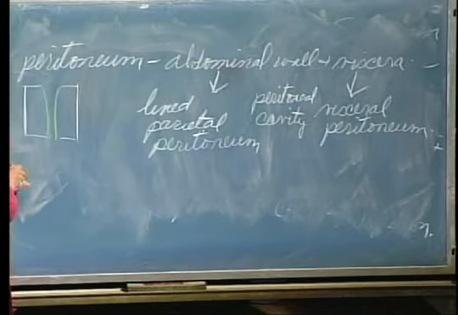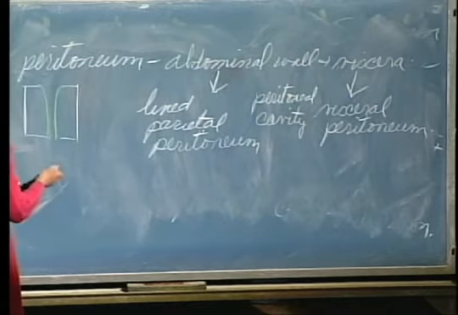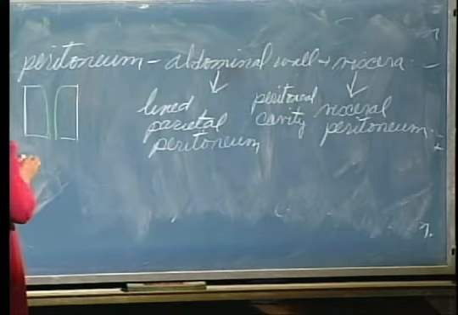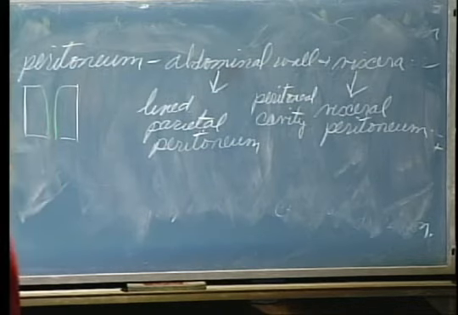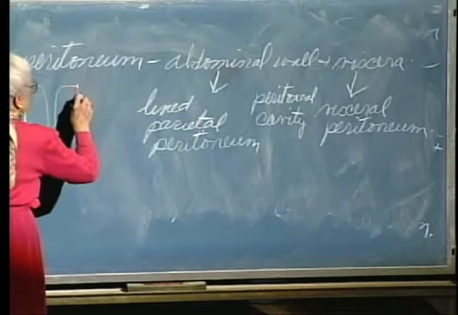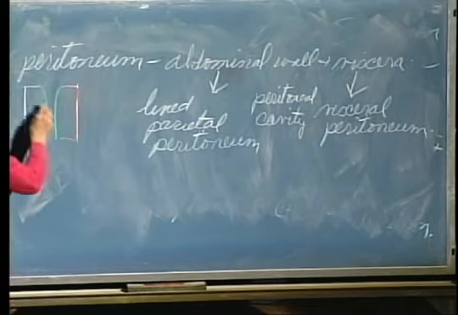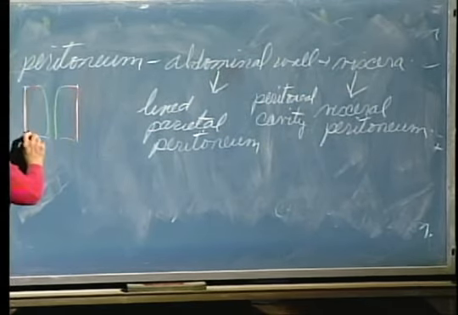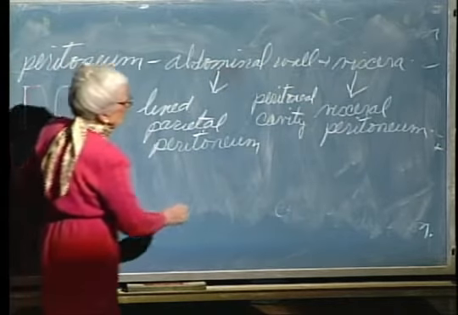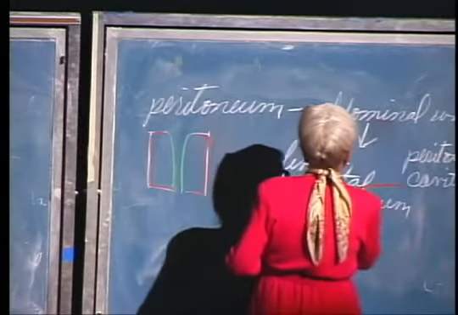And we'll find then that the parietal peritoneum, got to get a different color chalk, would be lining the cavity. That's our parietal.